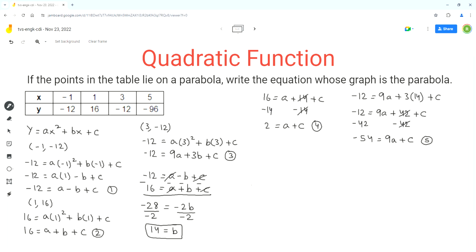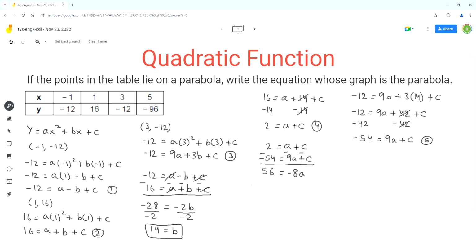First we can stack these two equations. We can subtract these two equations to cancel out the c terms. So we are using the elimination method. 2 minus negative 54 is equal to positive 56. a minus 9a is equal to negative 8a.